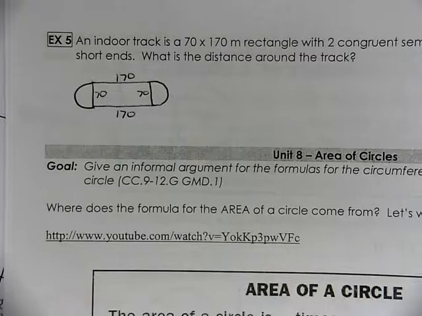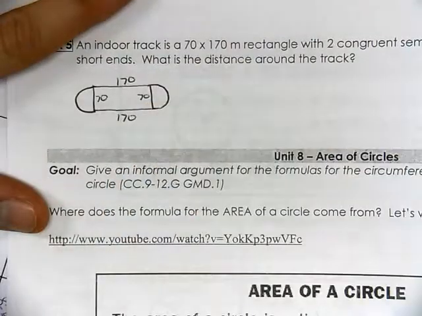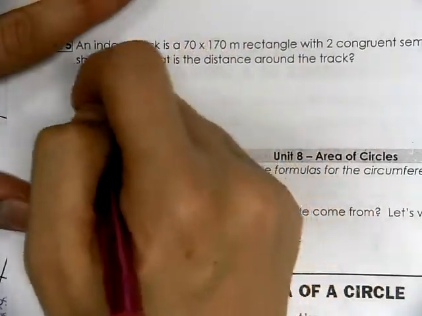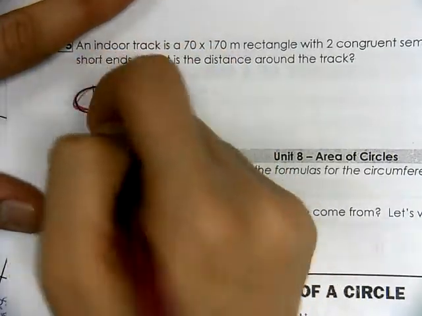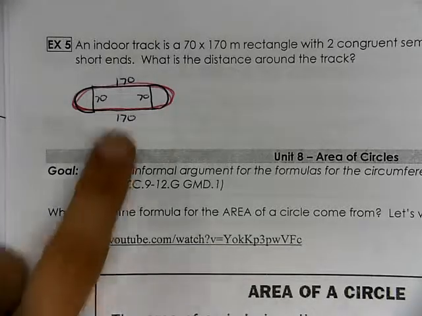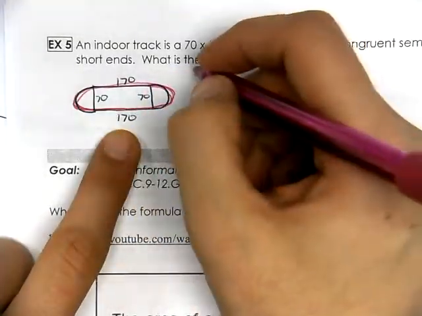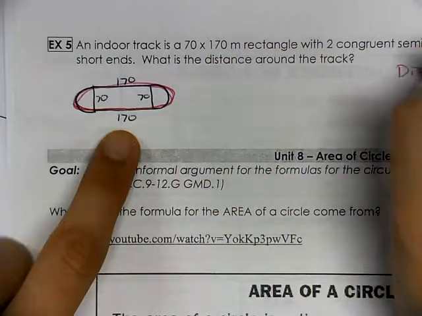Normally a track, like a football field, is 400 meters all the way around. We're trying to figure out the distance around this whole track, if I'm going to run around it. So we have to do some addition. I already know I have the 70 and the 170.